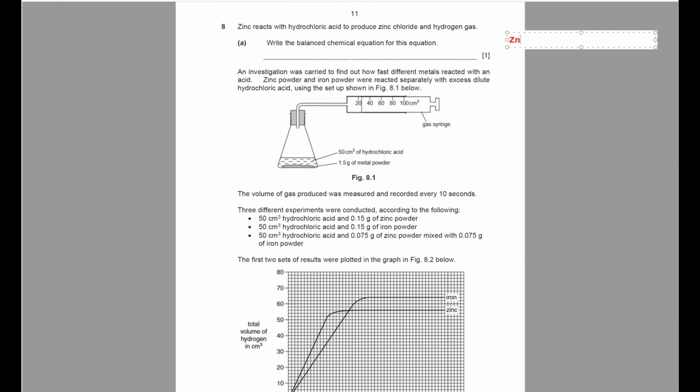So zinc plus HCl gives you zinc chloride plus H2. Which means before the HCl, there should be a 2 in order to balance. Just like this.